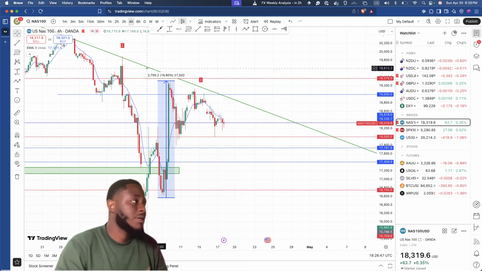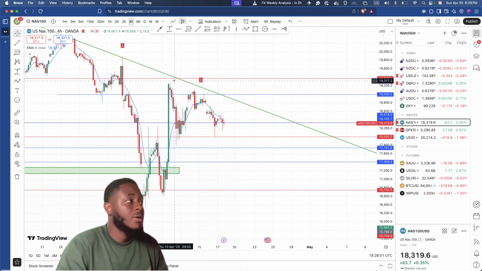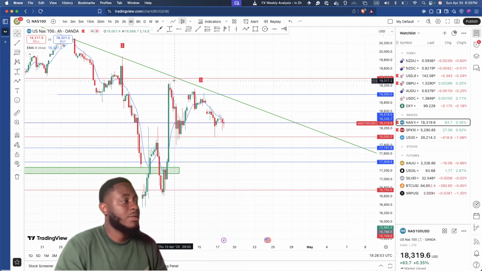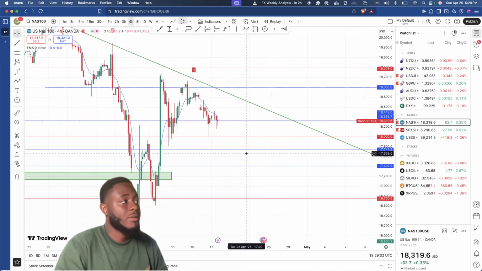So I'm sure the market is just waiting to see how everything is going to play out, whether the 90-day tariff pause is going to be taken out and the tariffs will be imposed, or the whole tariff stuff is going to be scrapped.